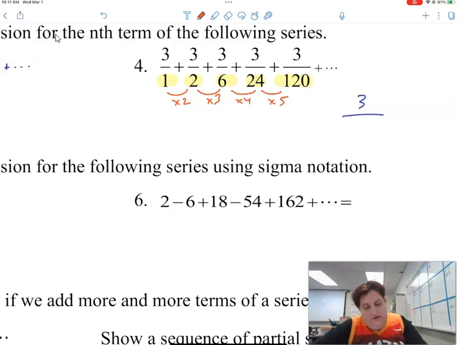So the first term is just, let's see, n. The second term is n times 2. The third term is the previous term times 3. So we got to think about how we want to write this, okay?